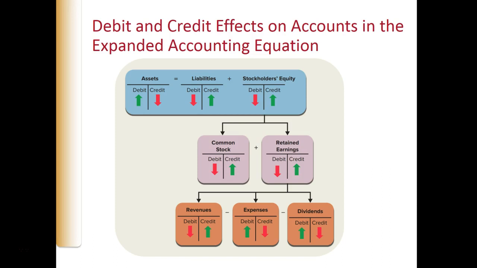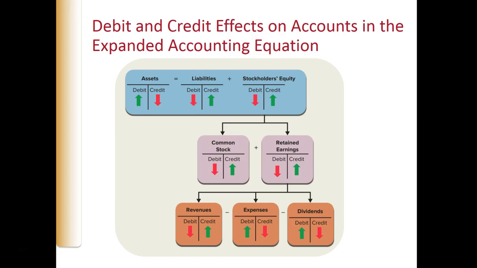Liabilities and stockholders' equity have a normal credit balance, which means to increase them, we credit them. Stockholders' equity is made up of common stock and retained earnings. To increase common stock or to increase retained earnings, we credit it. To decrease common stock or decrease retained earnings, we're going to debit it.